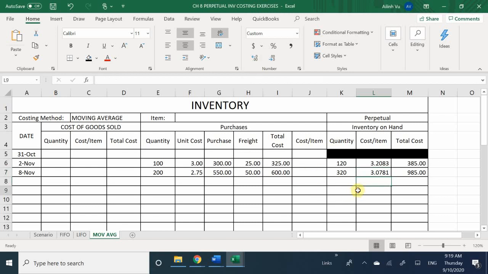Okay, good. And then now we can eliminate this right here. Okay, because now we have 320 at a grand total of 985, which gives us our cost per item right here. Okay, so now what is next?